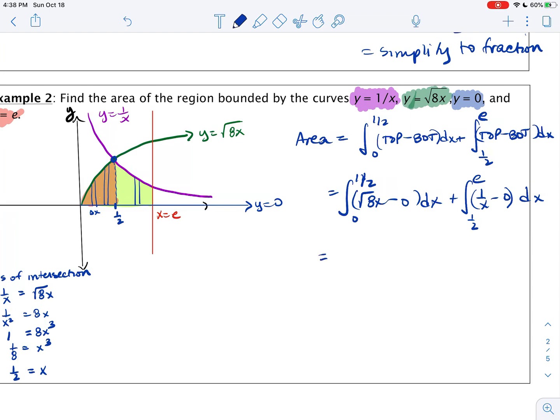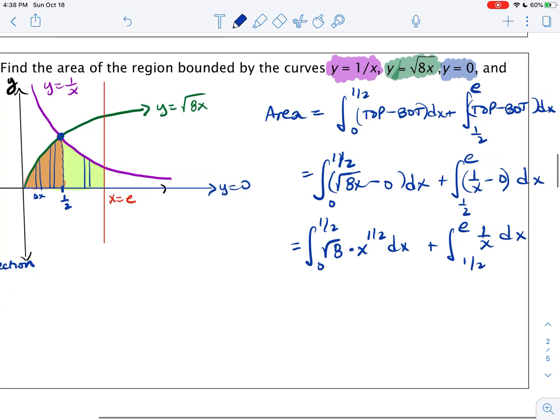And in evaluating this function, we know that this is still equal to, just using radical properties, the square root of 8x is going to equal the square root of 8 times the square root of x, and we can say that the square root of x is x to the 1/2. And here we have 1/2 to e of 1 over x dx.